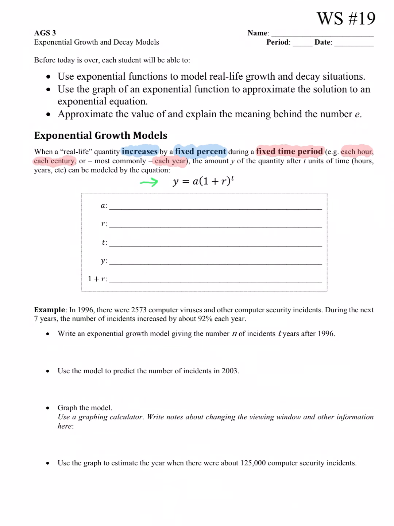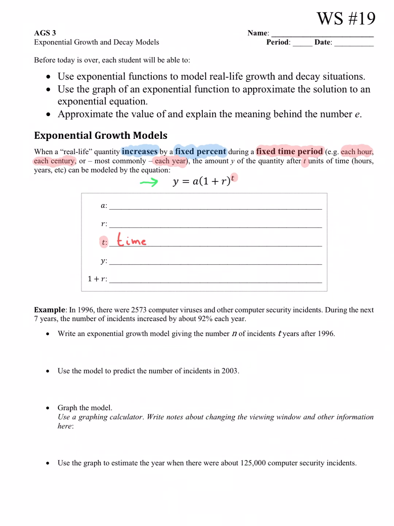All right, and this exponential growth equation could represent a few different things. We'll start with saying y is the amount of the quantity after t units of time. So we'll use t to represent time, and most commonly time is going to be represented in years, but not always.